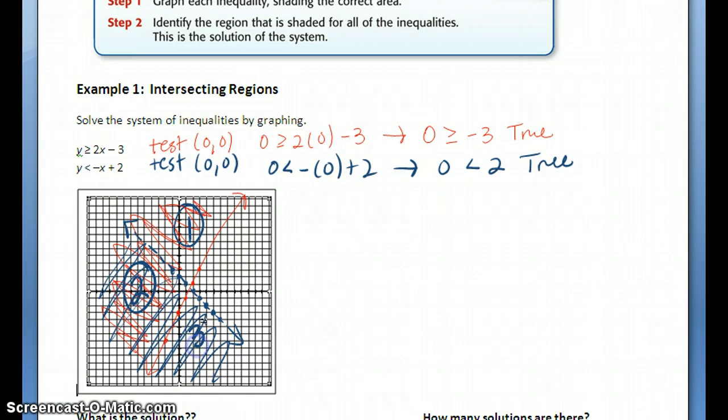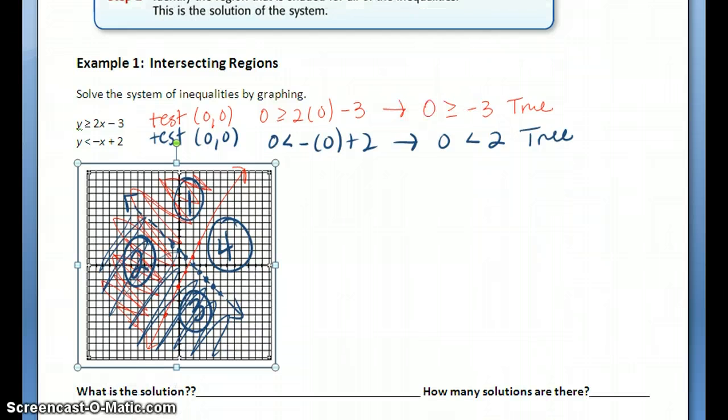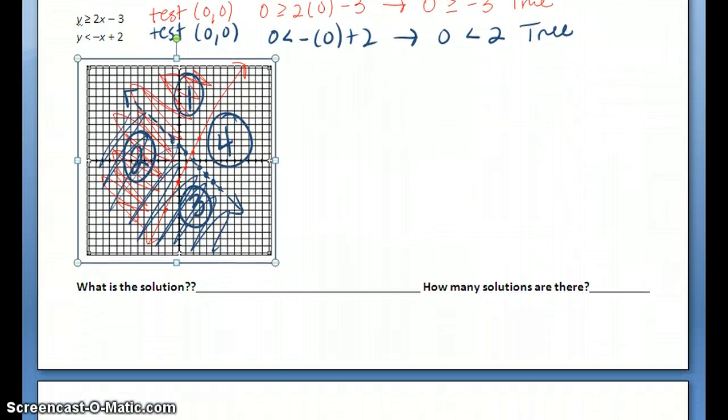Oh, there's region 3, and actually there's region 4. So there's 4 regions because we've just created 4 regions. But my solutions are all going to be in region 2. So I'm going to say, what is the solution? Well, it's all the points in region 2.